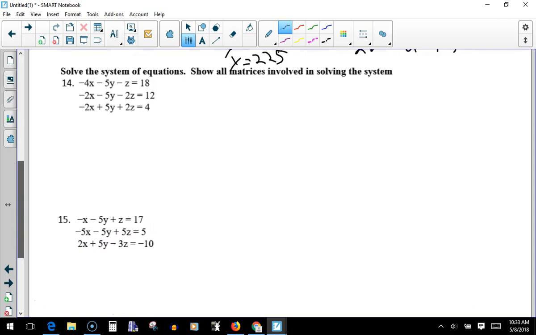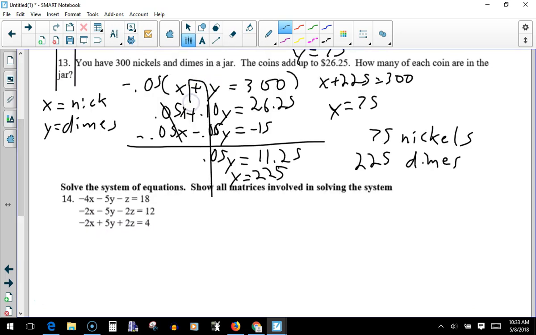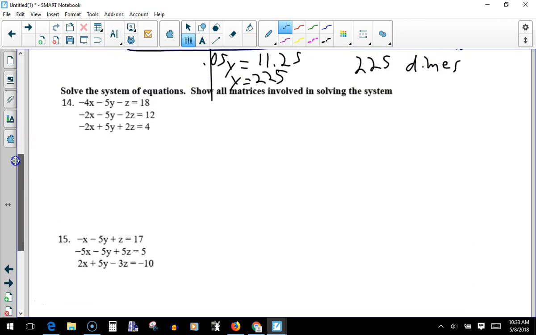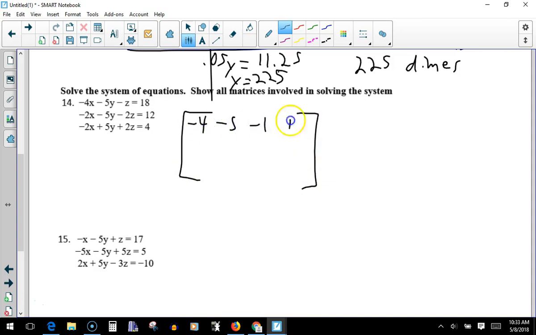All right, matrix problem. You need to set up your augmented matrix. -4, -5, -1, 18. -2, -5, -2, 12. -2, 5, 2, and 4.